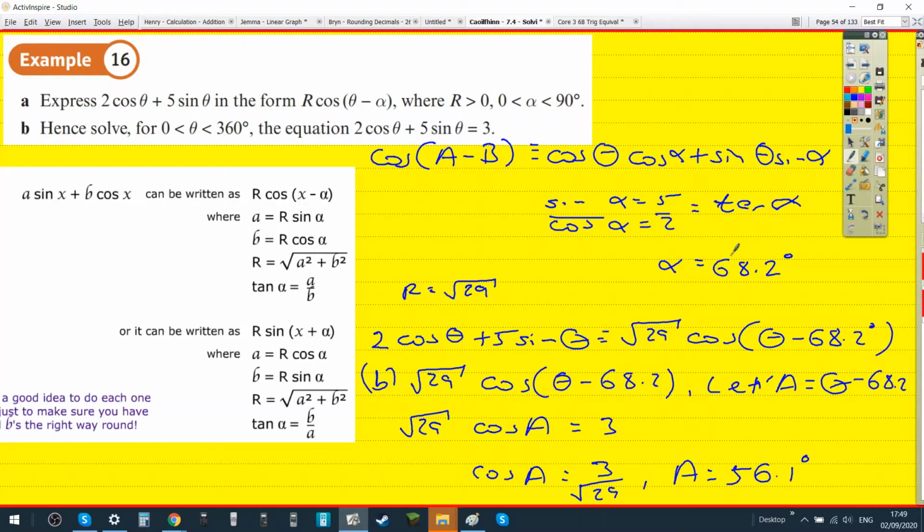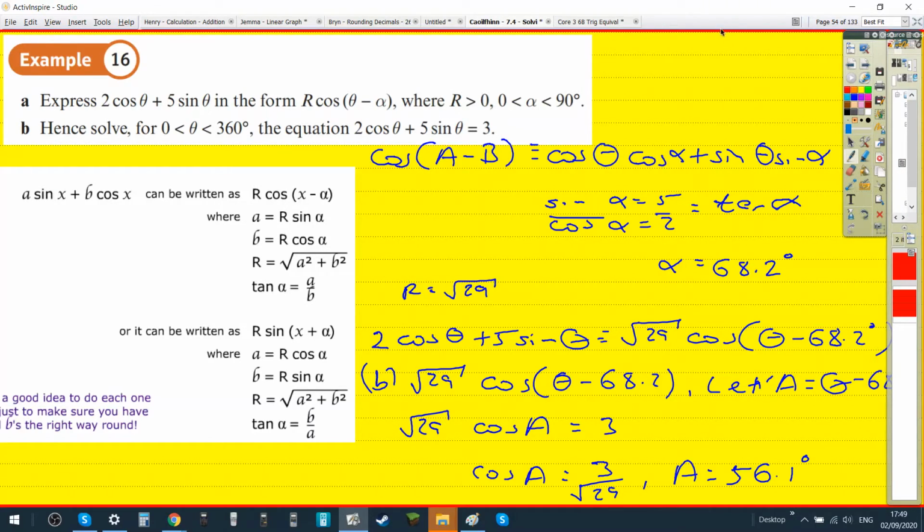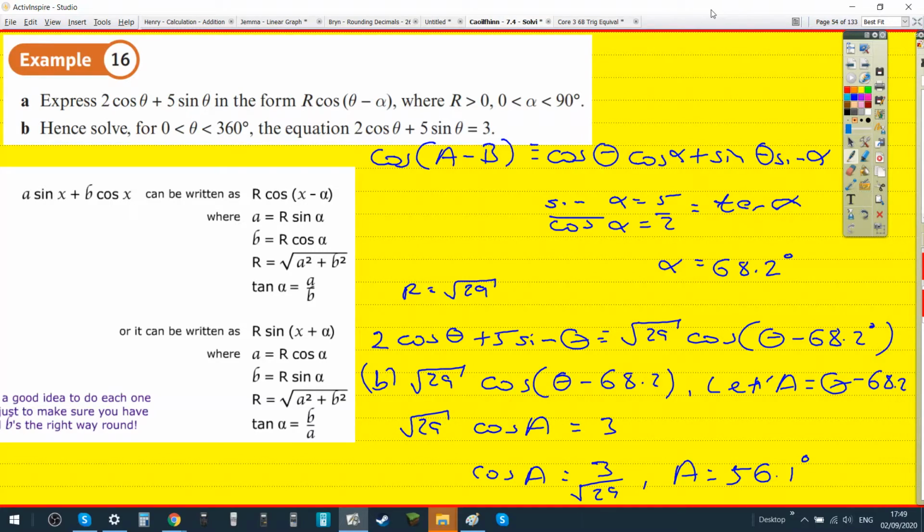And then we have to look at all the values. So our range, theta is between 0 and 360. What is theta minus 68.2 between?